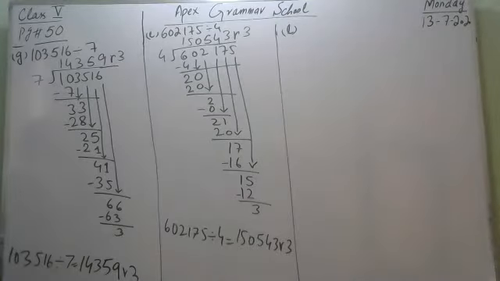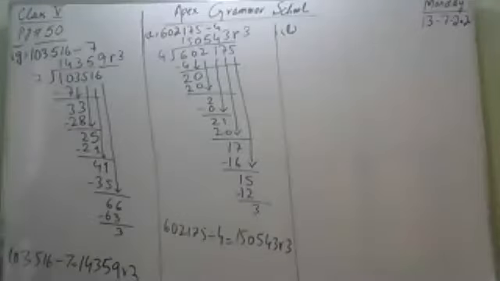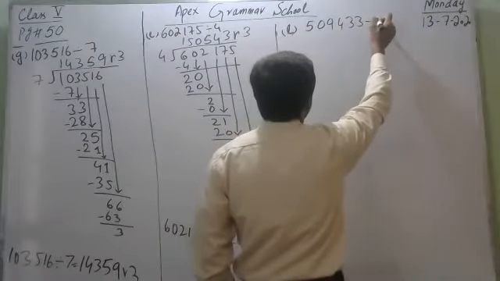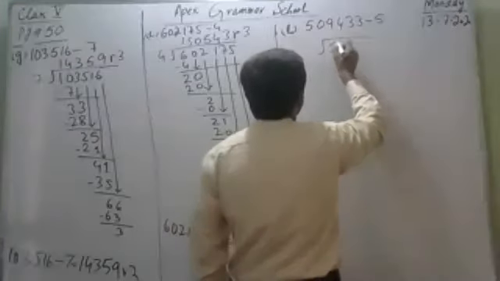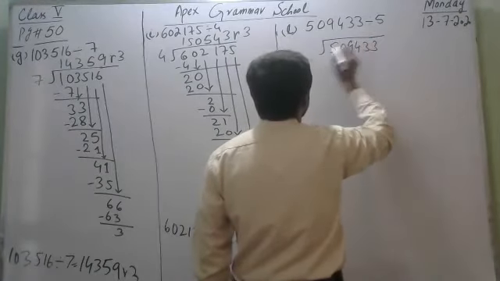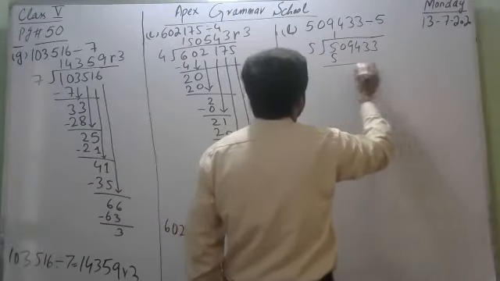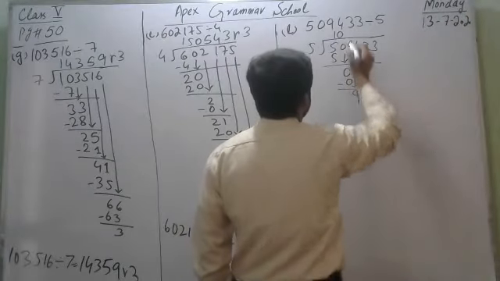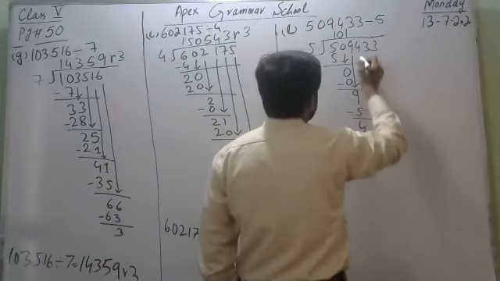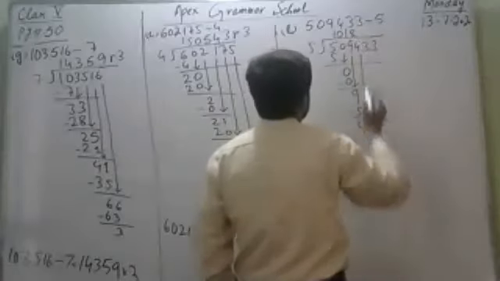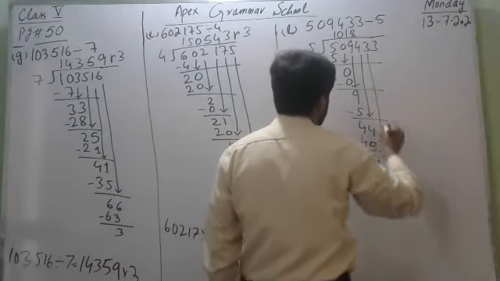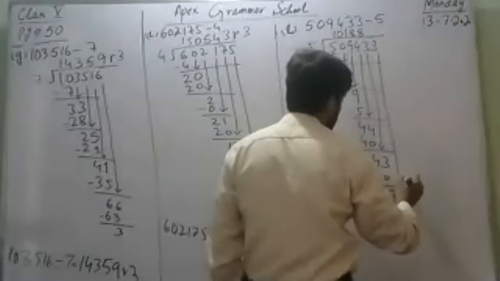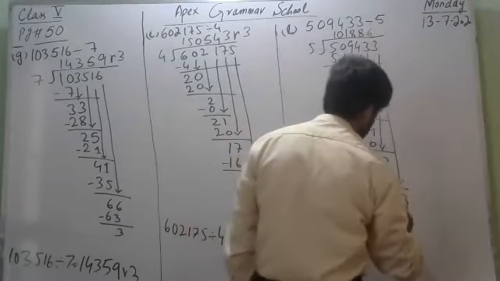L part is 509433 divided by 5. 5 ones are 5. 5 zeros are 0. 5 ones are 5. 5 8s are 40. 5 8s are 40. 5 6s are 30.